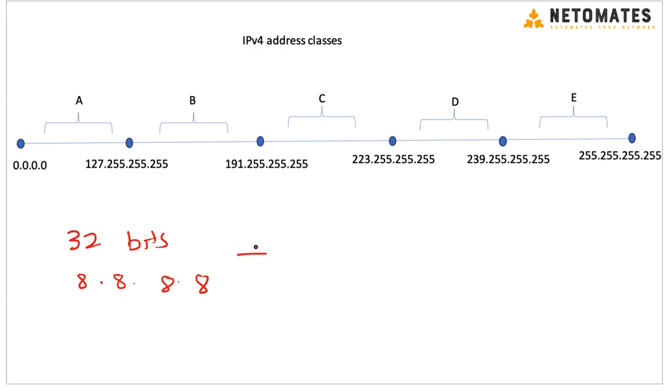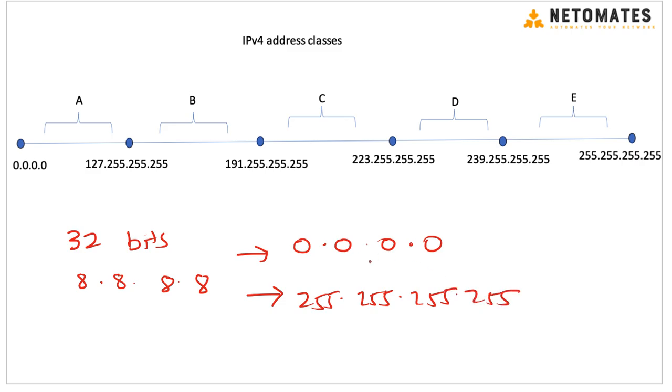So the lowest IP address will be 0.0.0.0, the starting IP address, and the ending address is 255.255.255.255. So when we go from the starting address to the last address, there will be about 4 billion total IP addresses available in IP version 4.